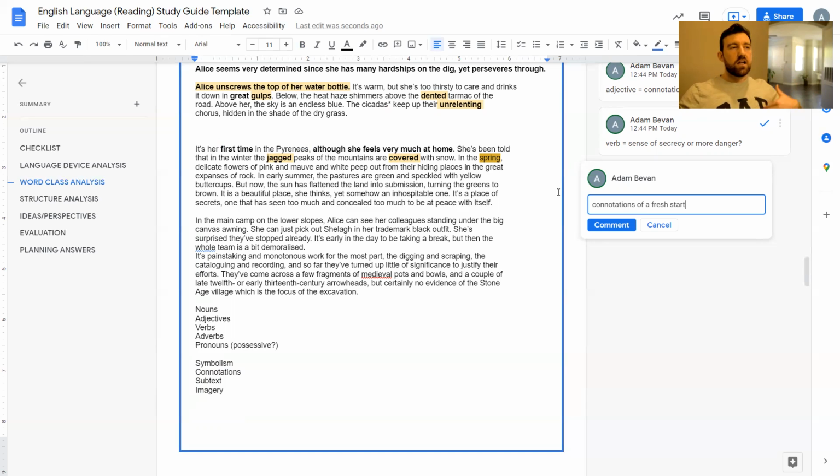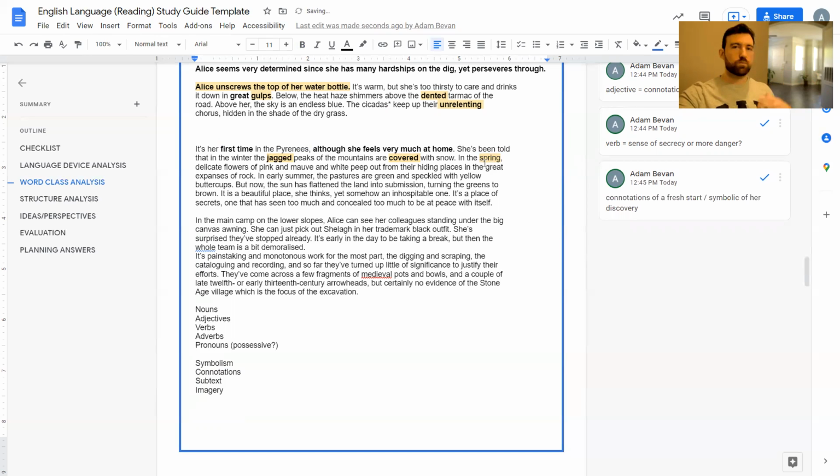So this idea that it's springtime is connotations of a fresh start, and it's symbolic of her discovery, which starts a new season for her in her life. So whenever you see spring, summer, autumn, winter, darkness or lightness, shadows, clouds, anything to do with that sort of setting, word choices, connotation, symbolism, really, really good.